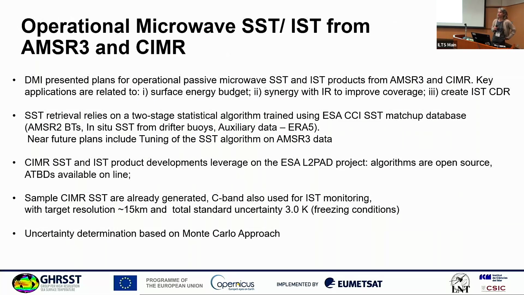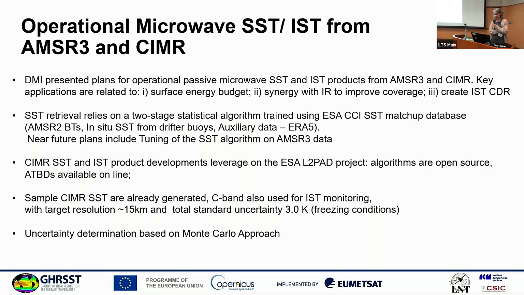And then finally, we had another presentation for SIMR, which was on the SST, IST retrievals from AMSR3 and SIMR, of course. The plans for operational passive microwave SST and IST products from AMSR3 and SIMR were presented with key applications related to surface energy budget, synergy with infrared to improve coverage under clouds, and create CCI surface temperature CDRs.